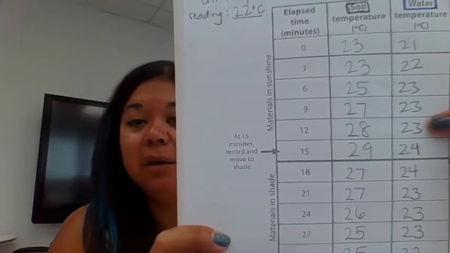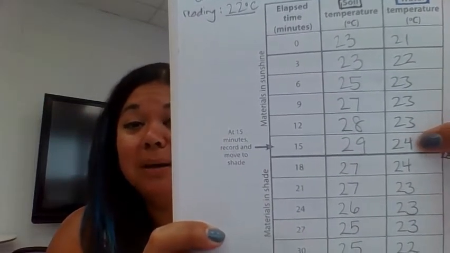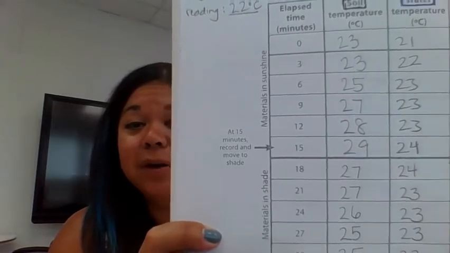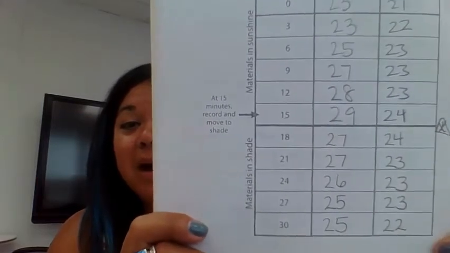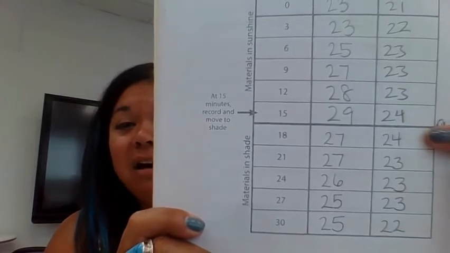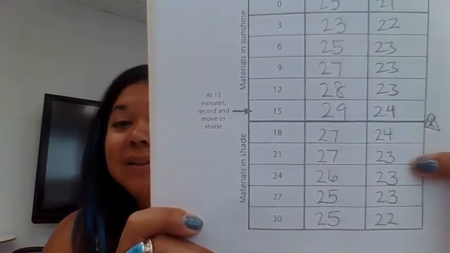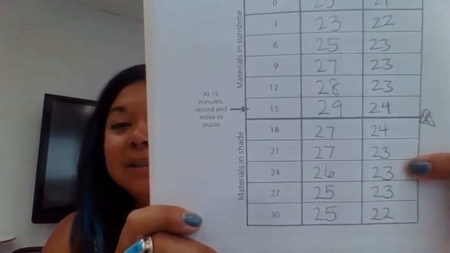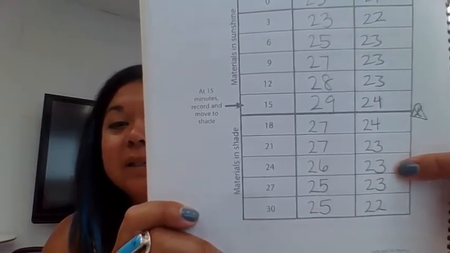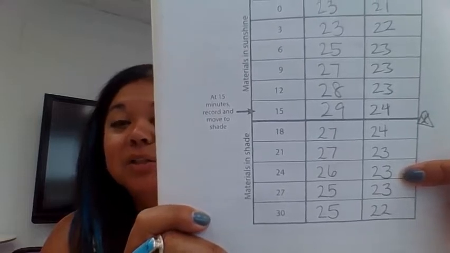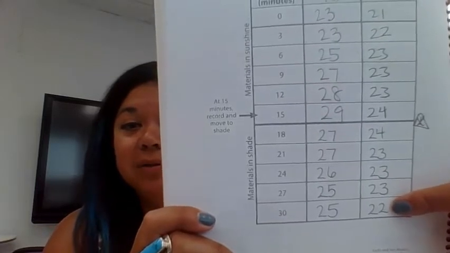It held at 23 degrees for a long time, barely getting to about 24 degrees Celsius at that 15-minute mark. And then when the light shut off, or we moved it, quote unquote, into the shade, you can see again that the water was losing energy at a much slower pace compared to the soil. My ending temperature was about 22 degrees.